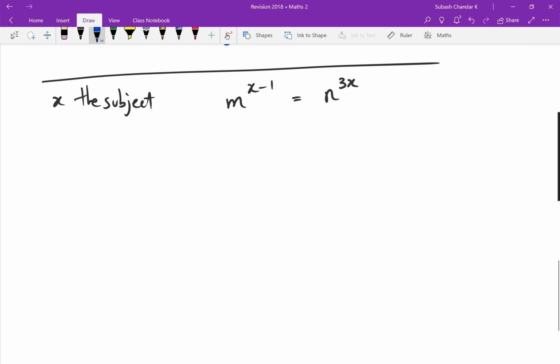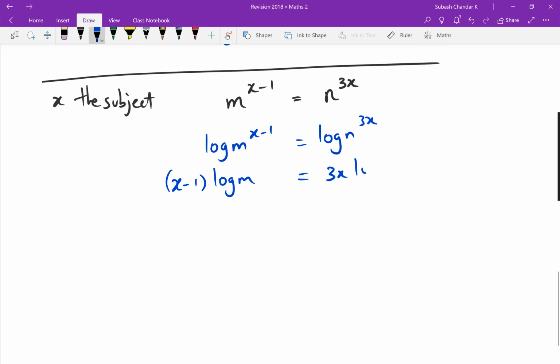So what I would have done is I would have taken logs of both sides. I've got log m to the power of x minus 1, log n to the power of 3x. Put the powers in front. I got (x minus 1) log m equals 3x log n. So the next part is I need to expand this bracket. So I've got x log m minus 1 log m equals 3x log n. Rearrange.